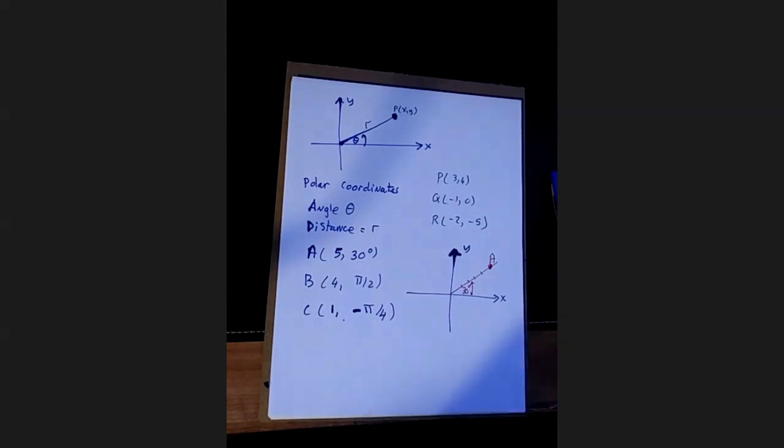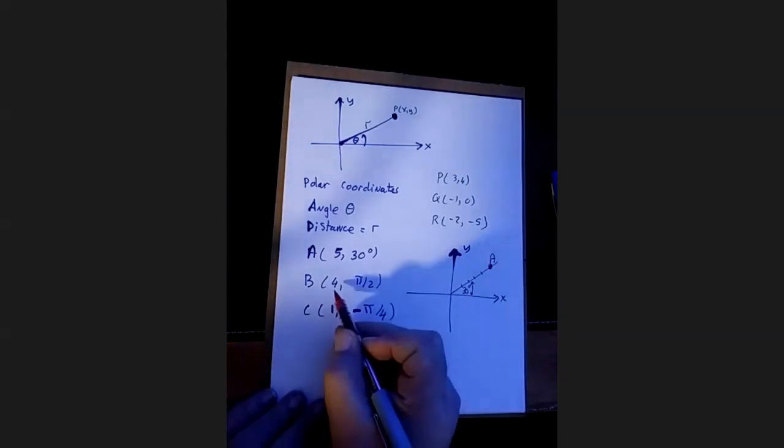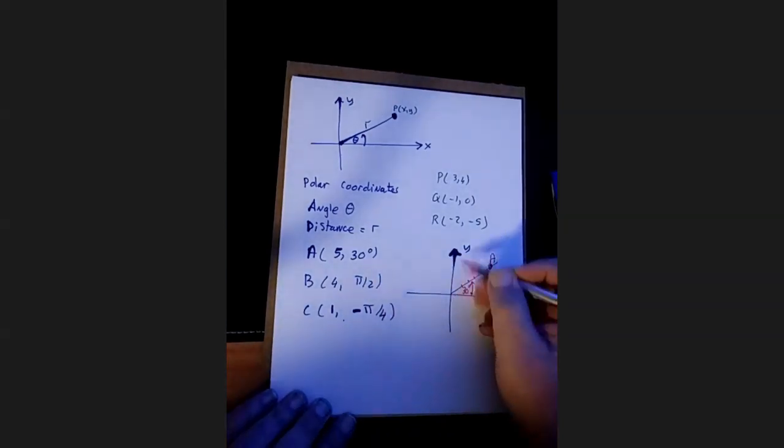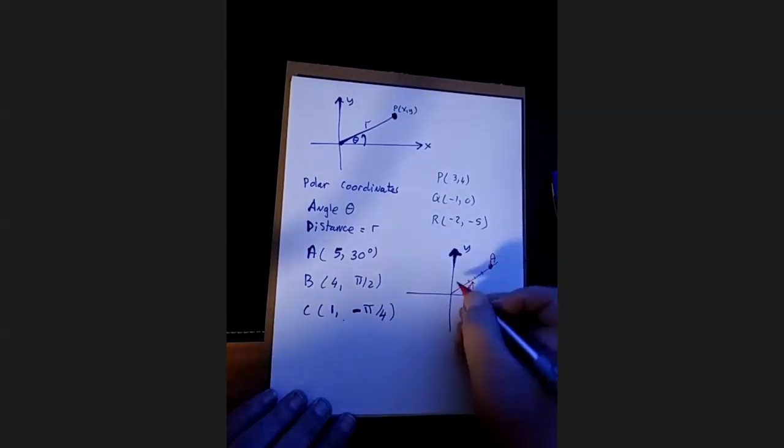So can you see in this way that you can tell any object in 2D space using this new coordinate system called polar? If I wanted to do 4, pi upon 2, isn't pi upon 2 actually 90 degrees, so it goes straight up, and it would be roughly about there, right?